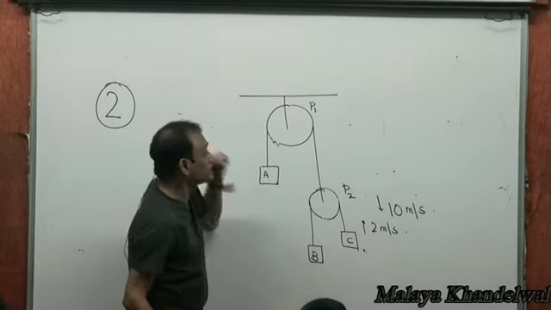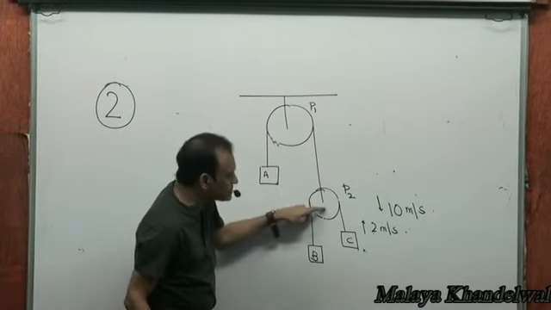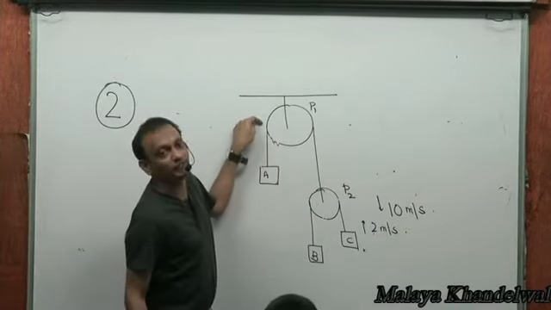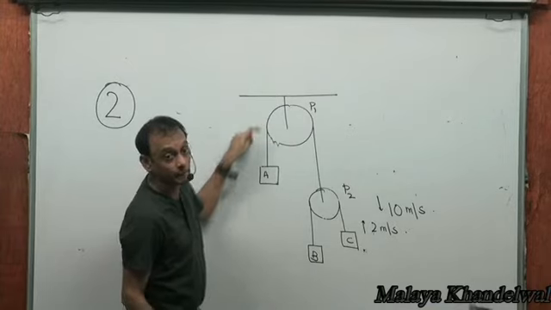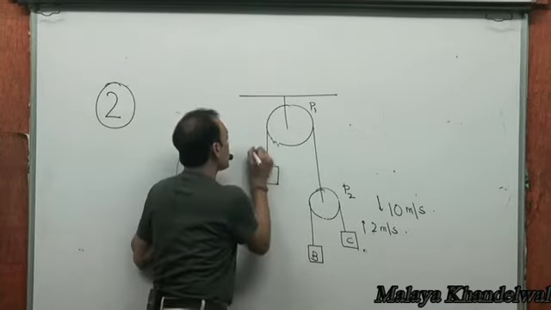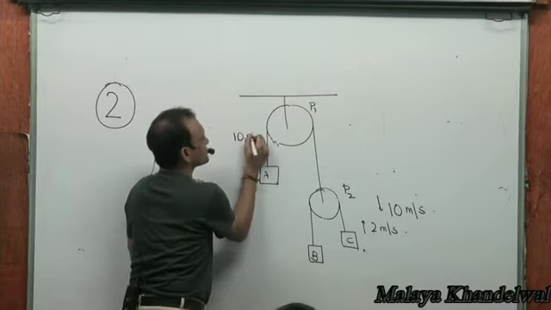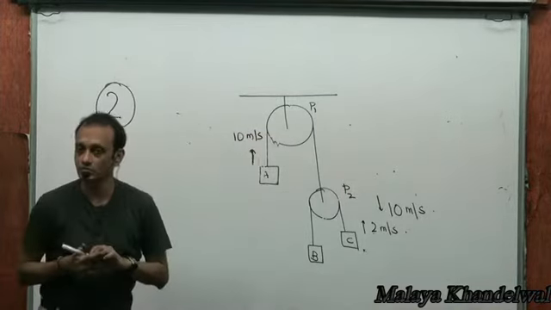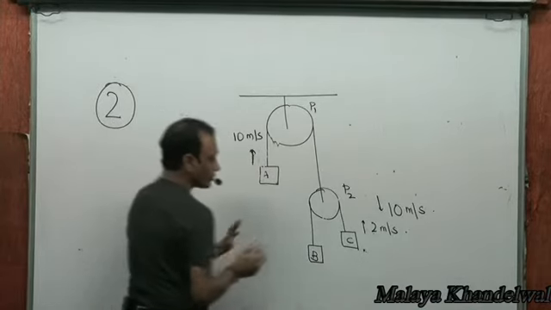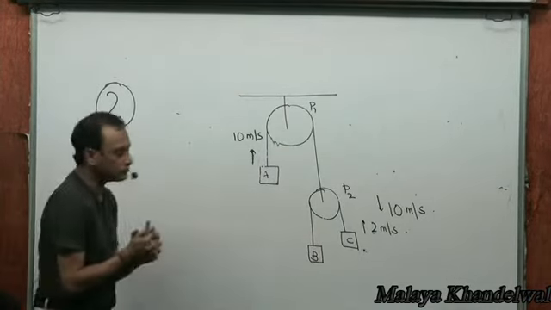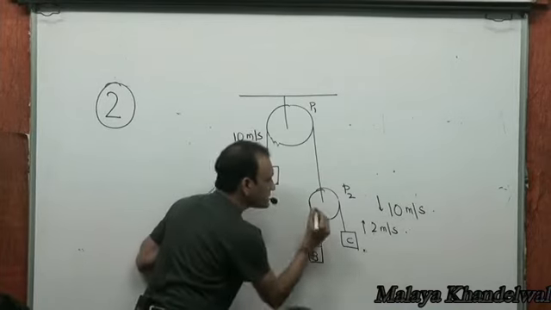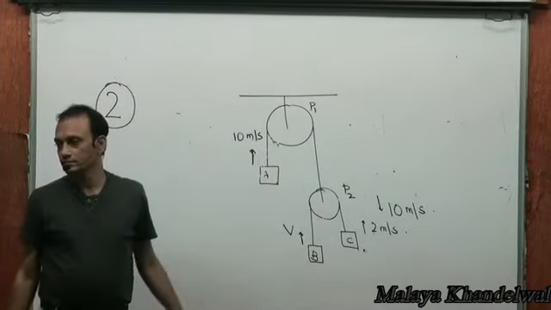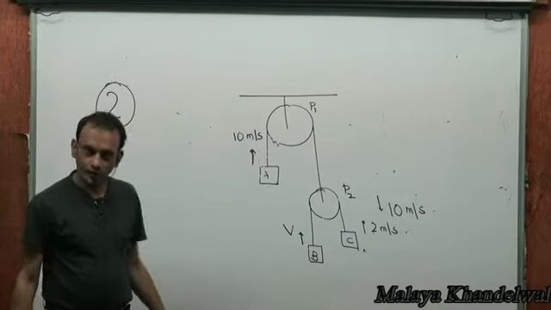That means if this pulley is moving down with 10 meters per second, then block A must be moving up with 10 meters per second. That's straightforward, right? Now, B. Take arbitrary direction. Velocity of B, let's say, is v meters per second upwards. Clear?